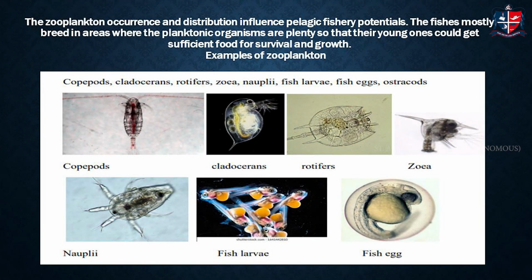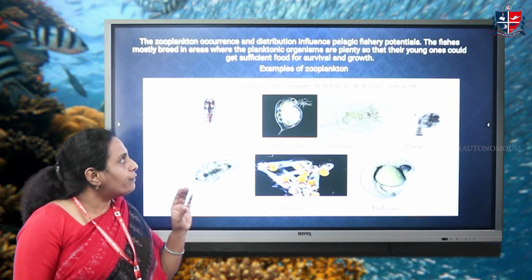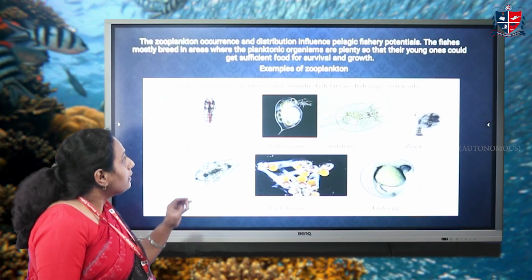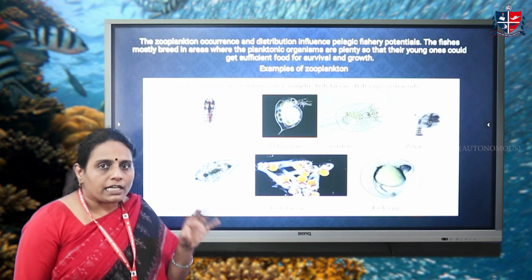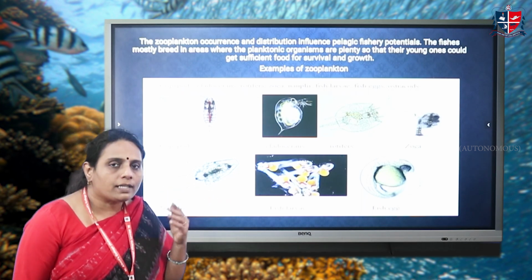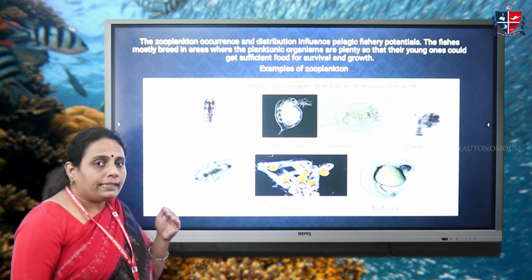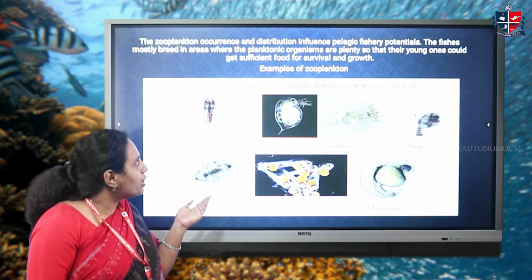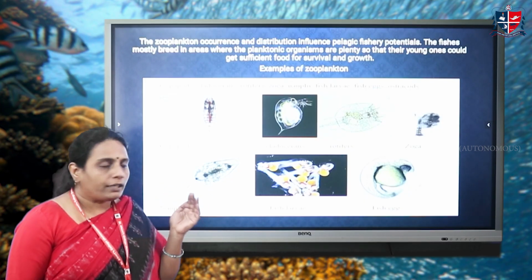Zooplankton occurrence and distribution influence pelagic fishery potentials. That is, the fishes usually breed in areas where these planktonic organisms are plentiful, so that their young ones could get sufficient food for survival and growth.